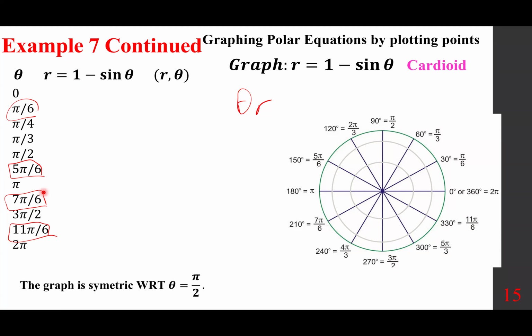Now, it's the same as pi over 6, but in the third quadrant is negative. So 1/2 makes it negative. 1 minus negative 1/2, that means 1 plus 1/2, that means 3/2. 3 pi over 2, negative 1 with the negative is positive, with 1 becomes 2. 11 pi over 6 in the fourth quadrant, sine is negative, so minus 1/2. With this plus 1/2 is 3/2, and 2 pi is back to 0. So I'm hoping nobody has any problem with those, okay?